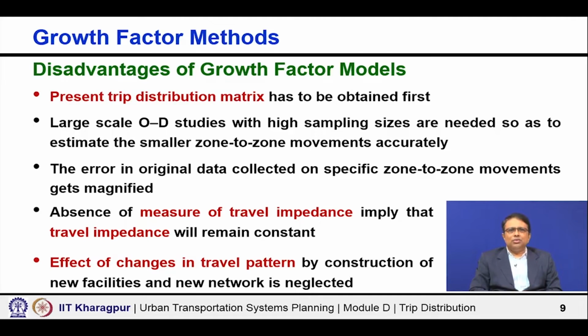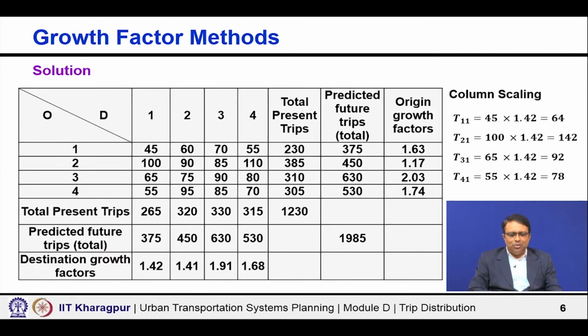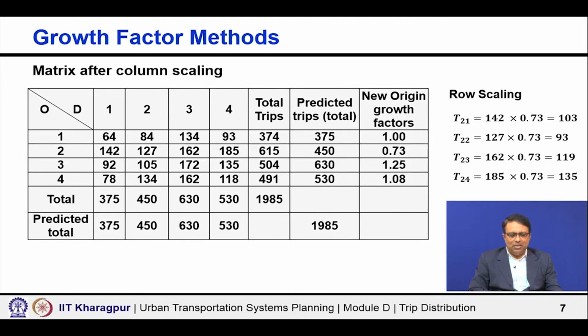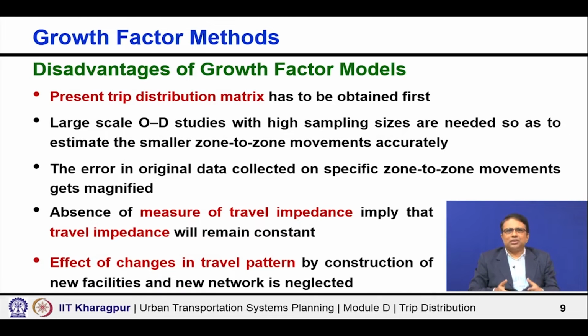Now, with this we have more or less discussed all the models which we wanted to discuss in this course under growth factor methods. Okay. So, uniform factor, average factor, then Furness method, Fratar model, okay, and Detroit model. So many different methods we have discussed.